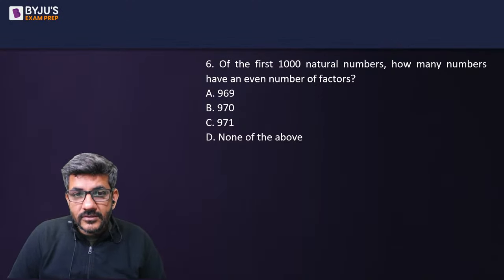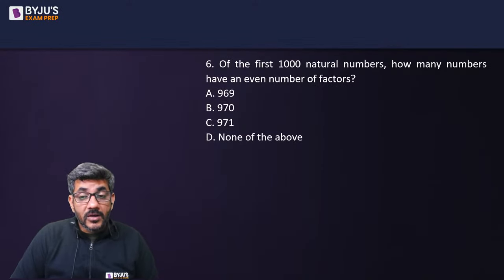Of the first 1000 natural numbers, how many numbers have an even number of factors? Any answer? It's a really simple question. If you have studied number system well, I'm sure all of you would be knowing about it.